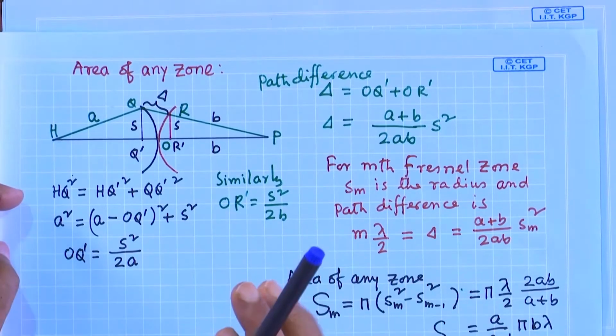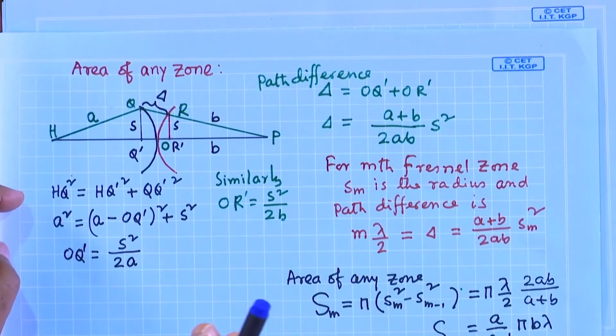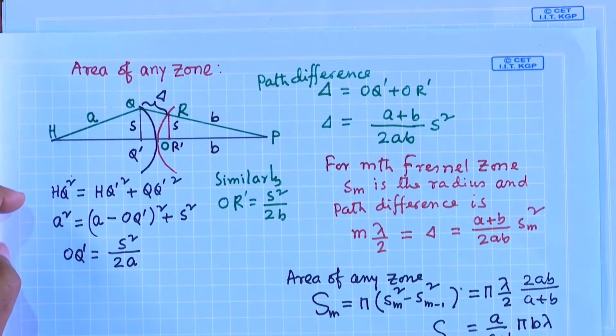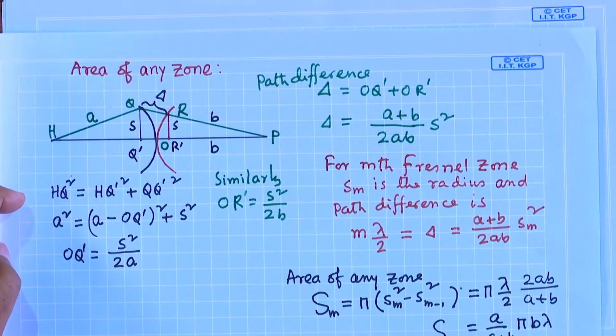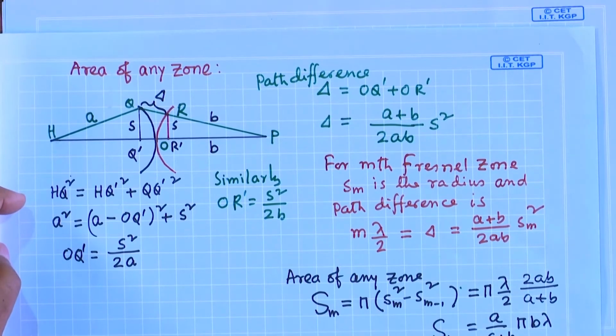So in this way, from each zone, whatever light comes at P, P is the point on the axis passing through the center of the wave front.